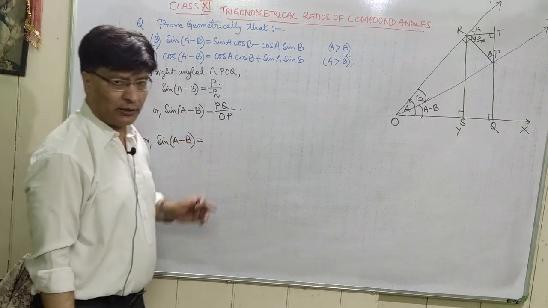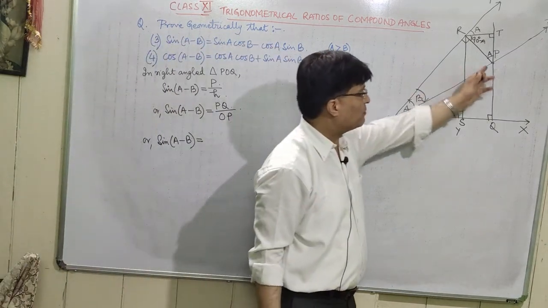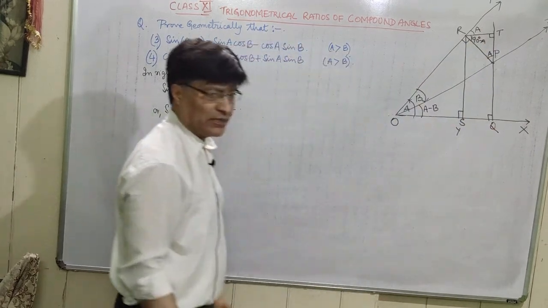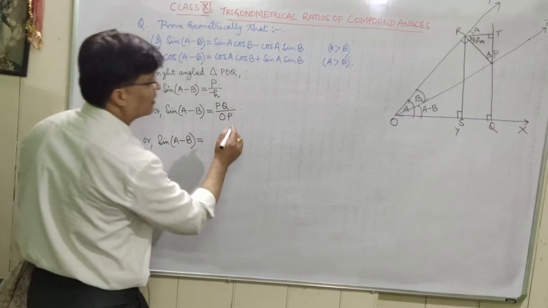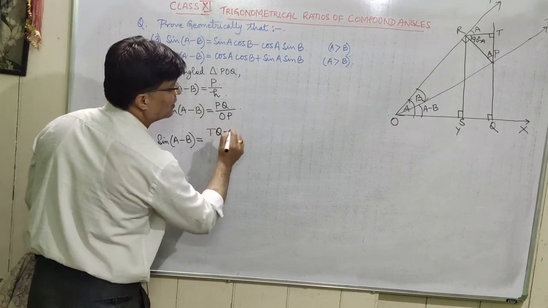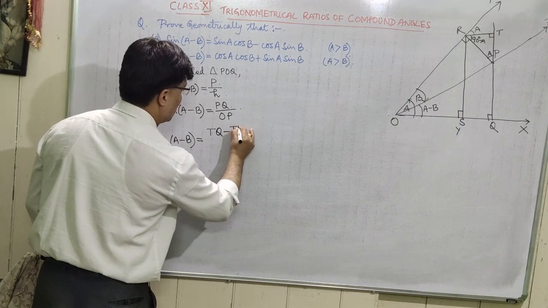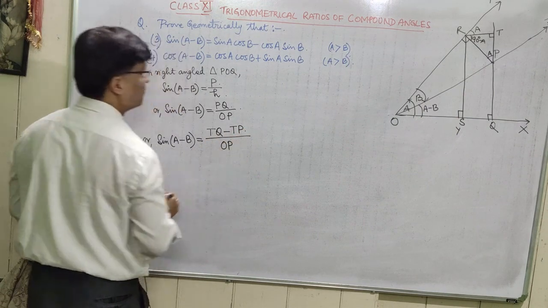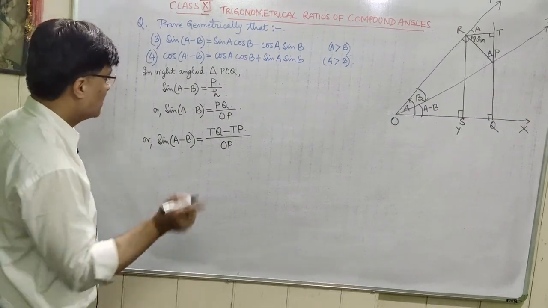From the figure, this PQ can be written as TQ minus PT. So PQ can be written as TQ minus TP, whole divided by OP. Is that clear now?